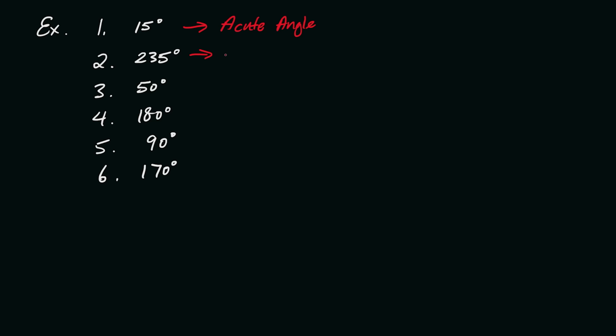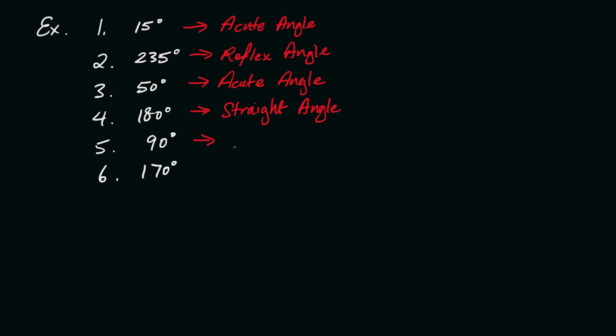That's larger than 180, so it has to be a reflex angle. 50 degrees is also smaller than 90, so it's an acute angle. 180 degrees is dead on 180, so it's a straight angle. 90 degrees, by a similar rule, is a right angle.